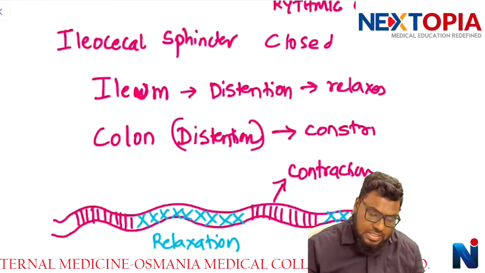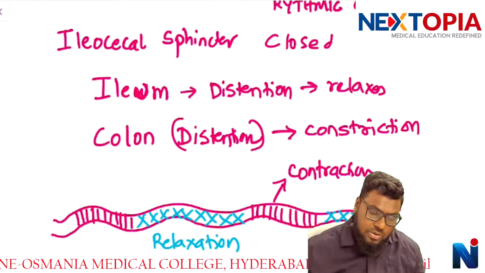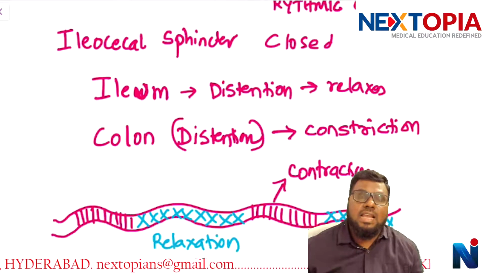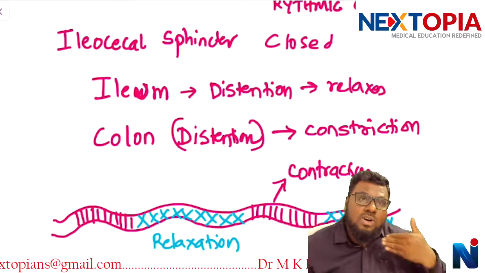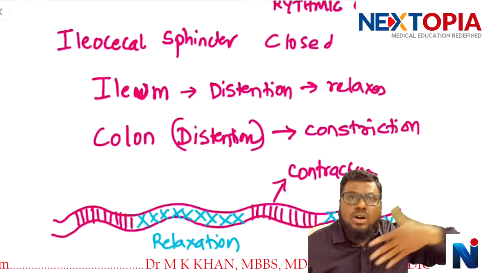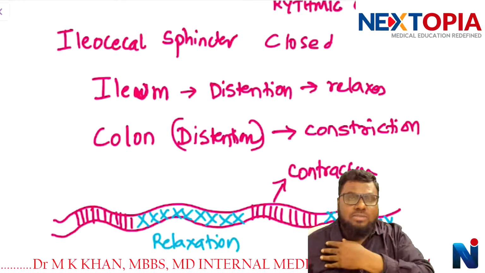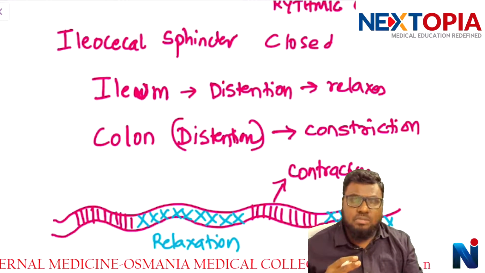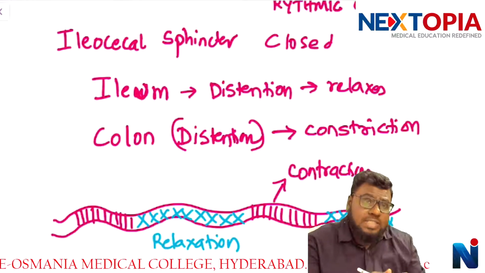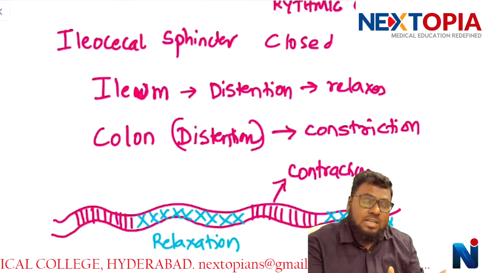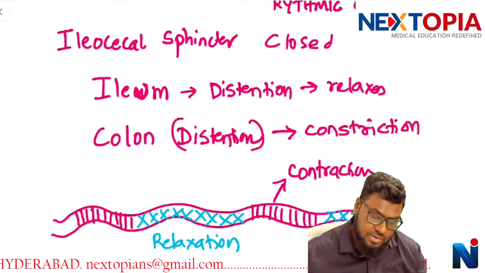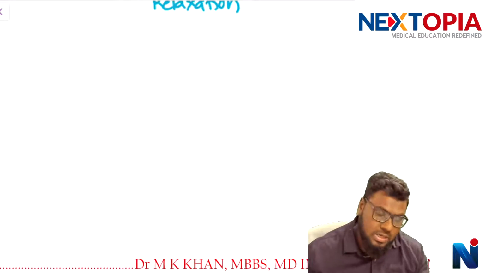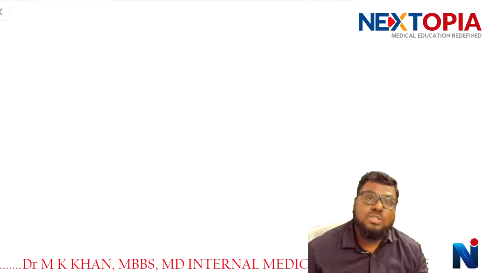So the ileocecal junction is under the control of the ileum and colon. Whenever ileum distension occurs, the sphincter relaxes, so that only forward movement of the contents occurs. There is no backward movement. Whenever colon distension occurs, it closes the sphincter. Hence, the ileocecal junction is maintained, and this is all about the motility of the small intestine.